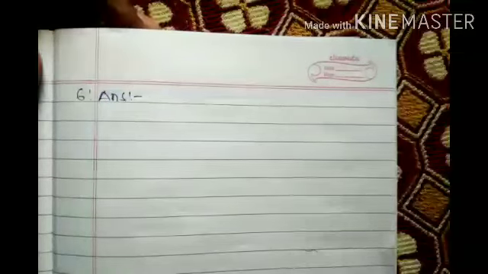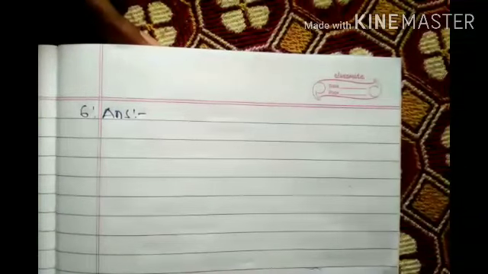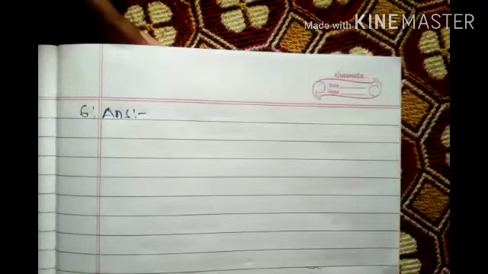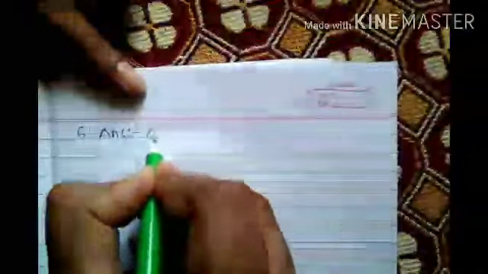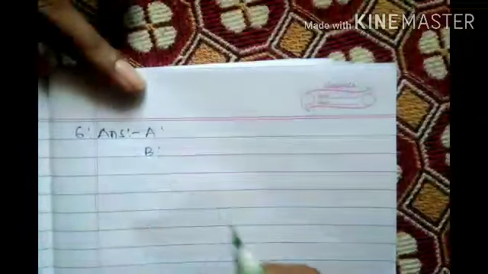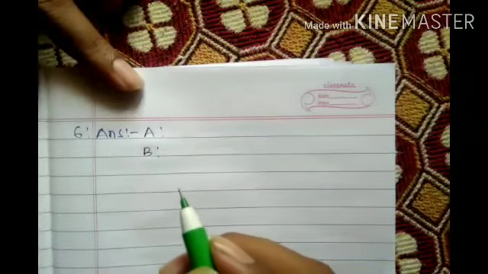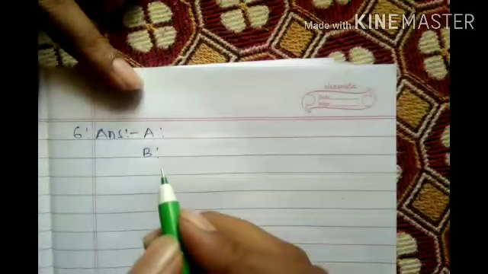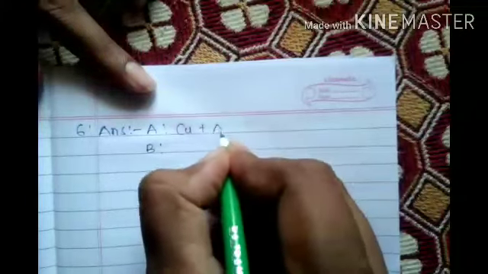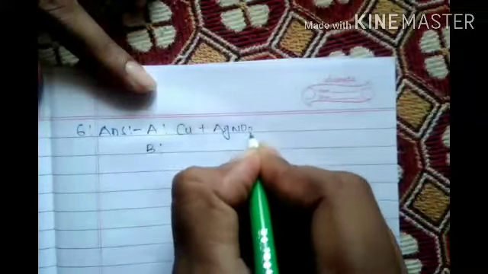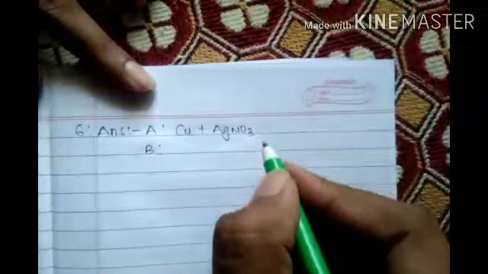Now first of all, what we have to do? We have to write the reactions. First reaction in beaker A, second reaction in beaker B. What is it telling? Copper wire, Cu wire, kept in AgNO3.